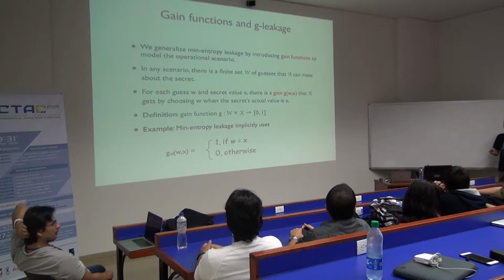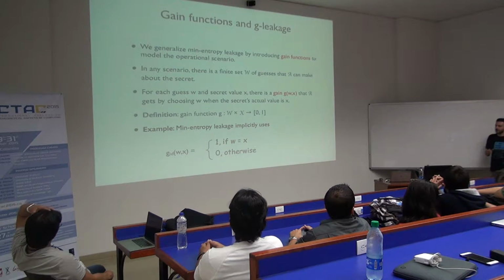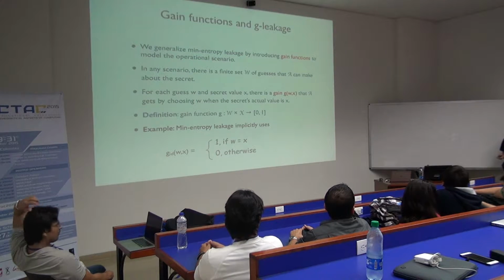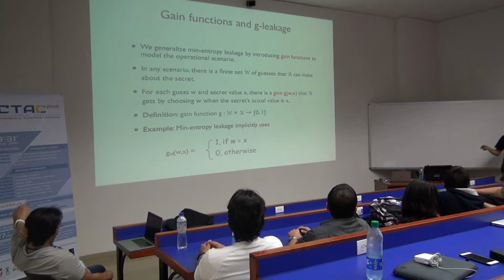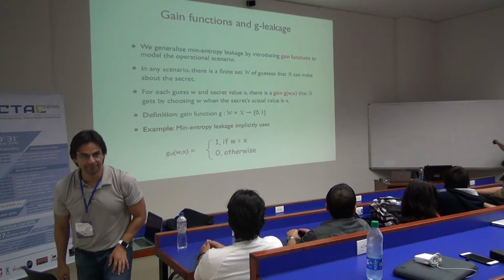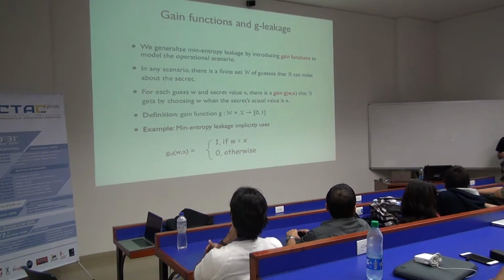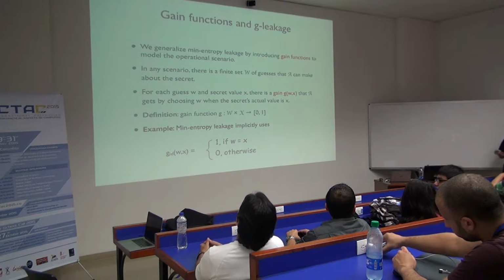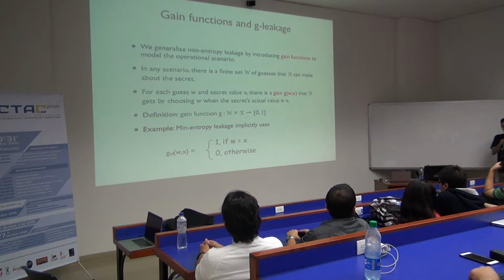What would be the gain function of Shannon entropy? Yeah, that's a good question. It's not as simple. You can do it, and there is a result that I'm not going to discuss, but you could model any entropy function under mild conditions. But for Shannon, if you try to do it this way, the set of guesses needs to be infinite.